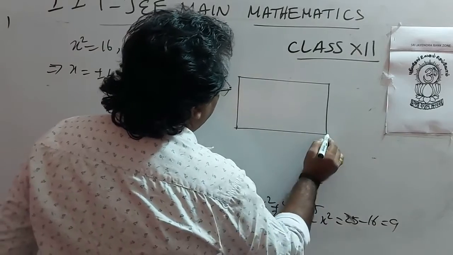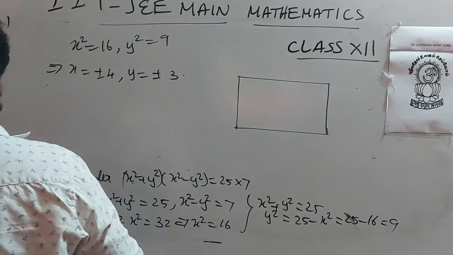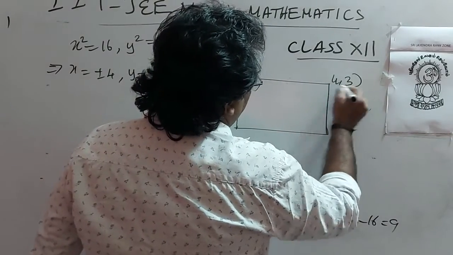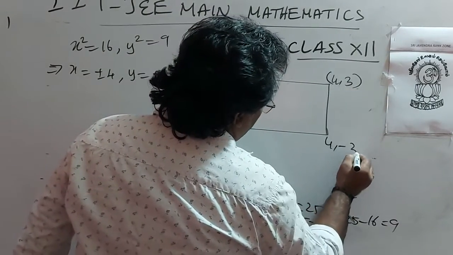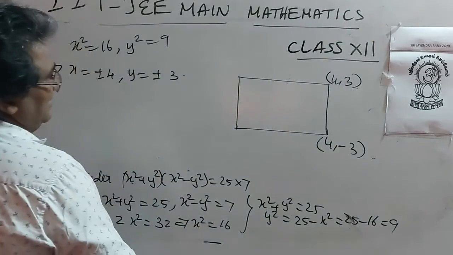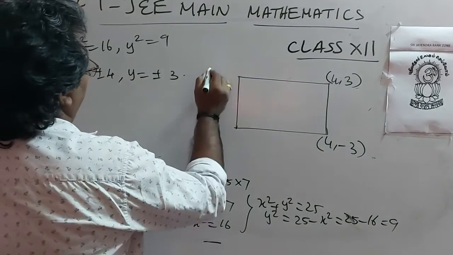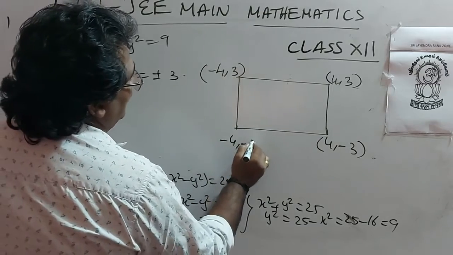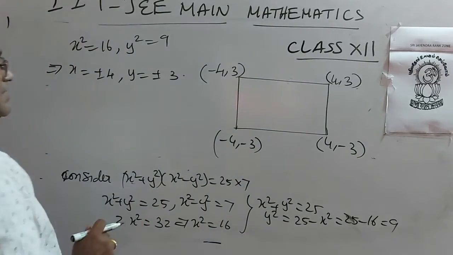You take this rectangle, that is, it may be (4, 3), this is (4, -3), (-4, 3), (-4, -3). These are the possibilities.